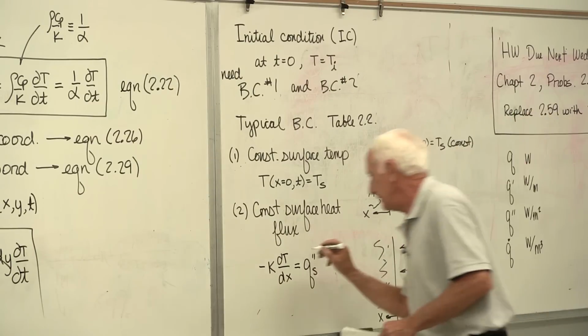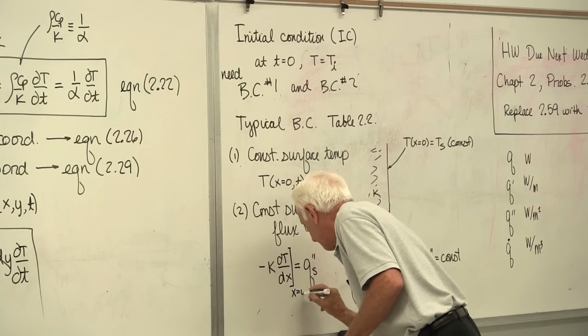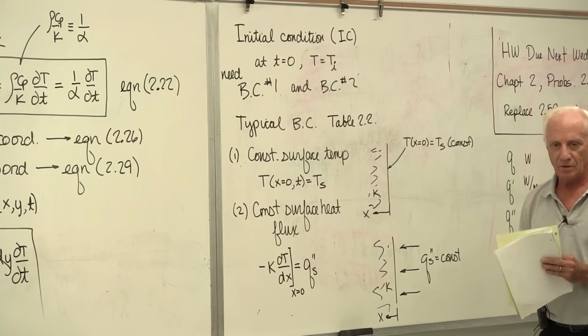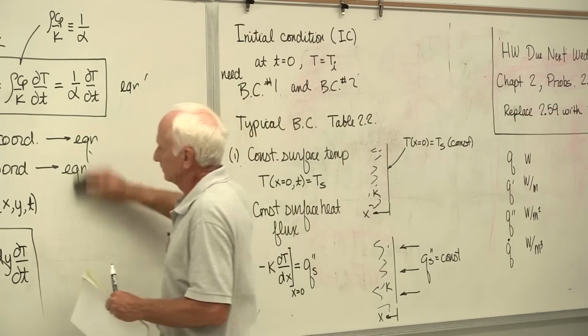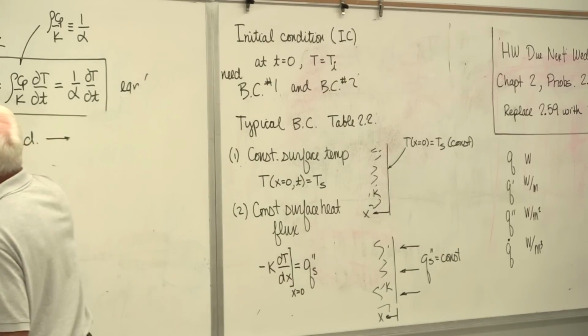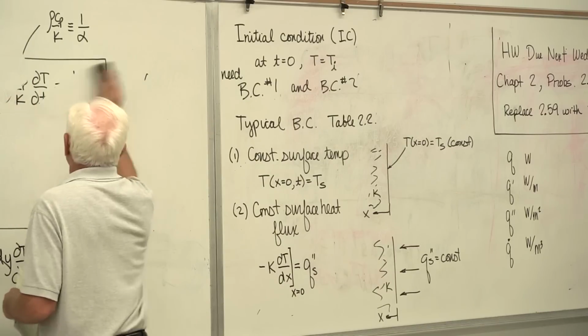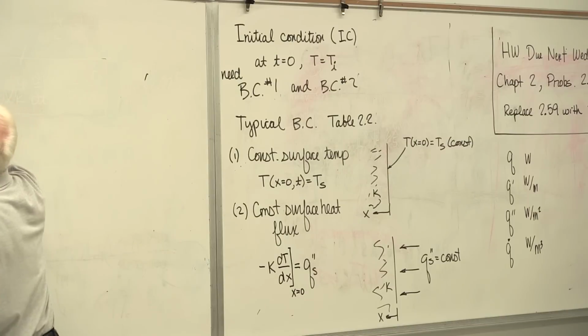And this dT/dx has to be at, of course, the surface, x equals 0. Constant wall heat flux. Number 3, perfectly insulated.